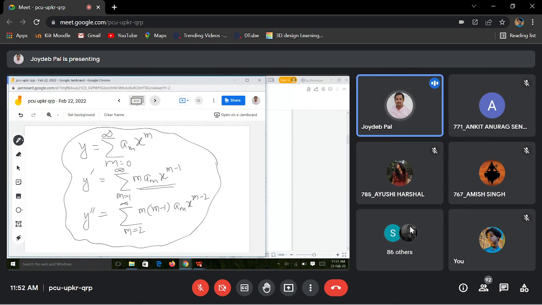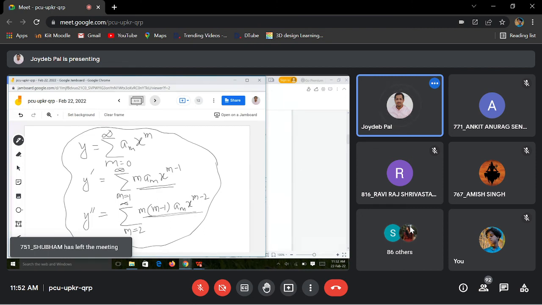Similarly, whenever you differentiate another time, you differentiate the general term of y dash once, and it will be m into m minus 1 a_m x to the power m minus 2. Now think about the limit. The lower limit will be 2 to infinity, because in y dash the first term is a1.